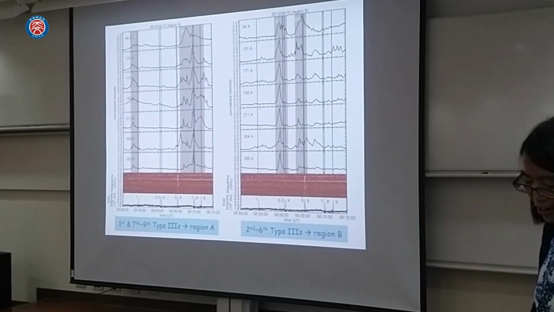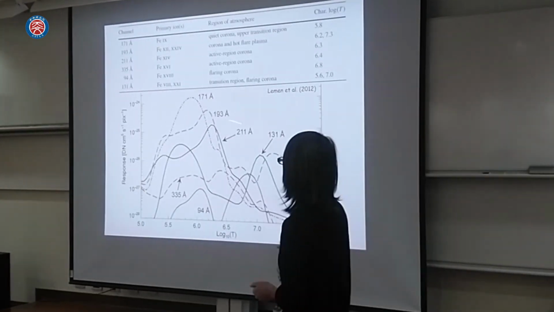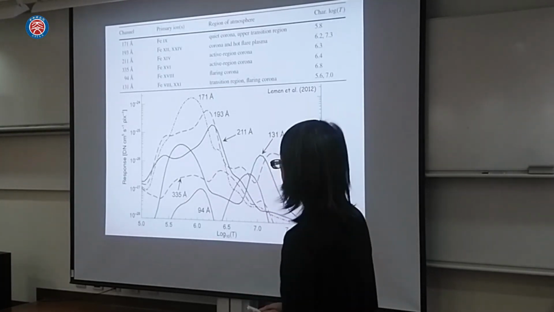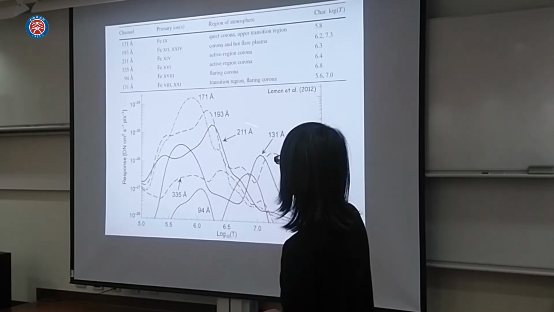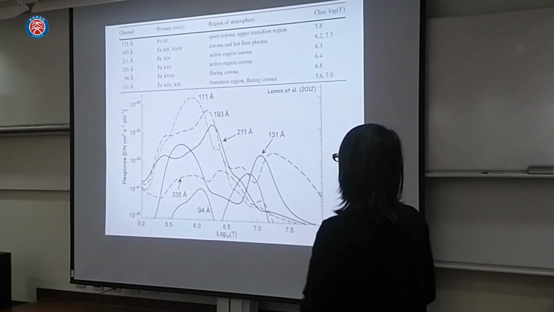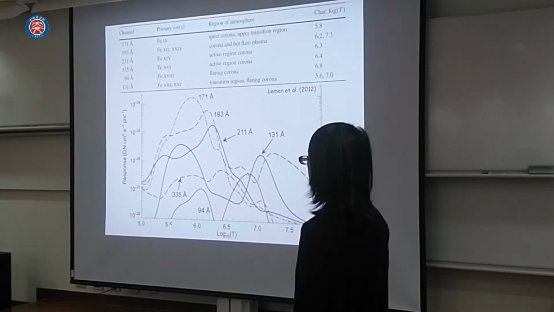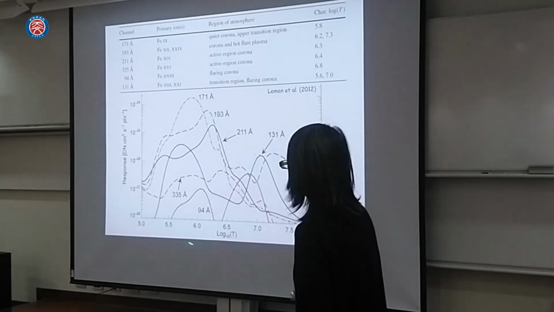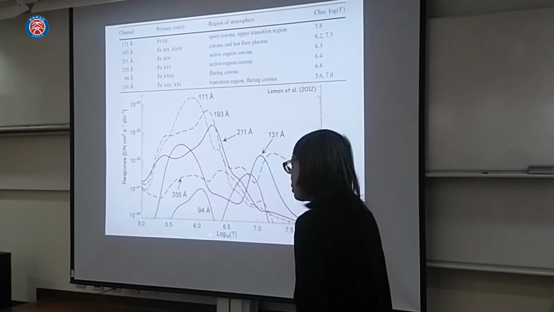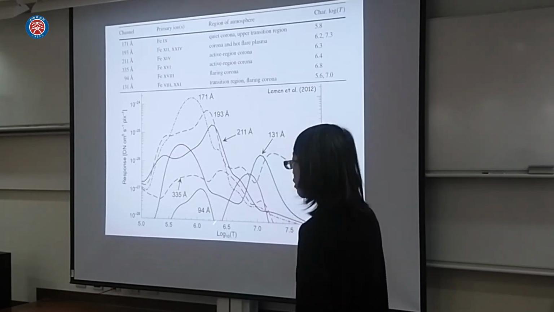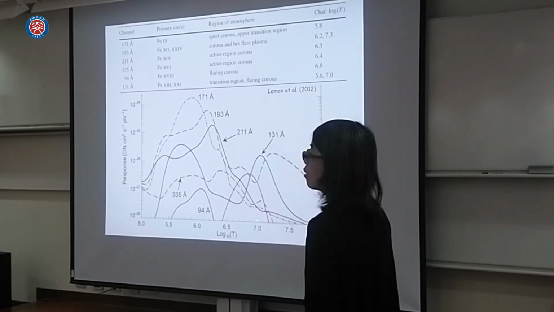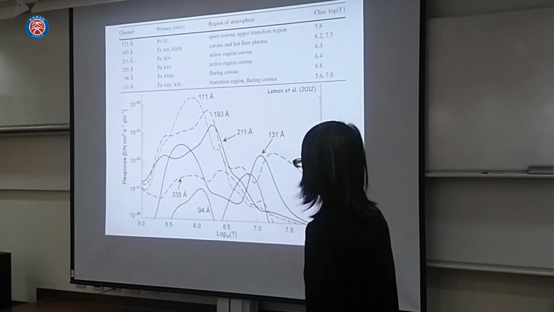But for each image there are different response curves. Here shows the AIA response curve for different wavelengths. For example, the 94 angstrom emission is composed of low temperature, or cold plasma, and also high temperature, or hot plasma, right?